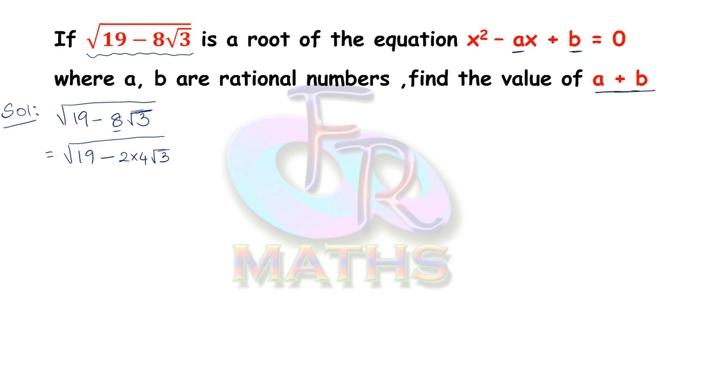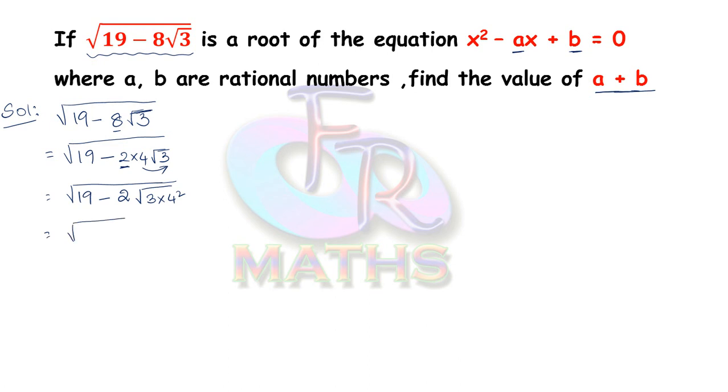You know that a plus b whole square or a minus b whole square gives you plus 2ab or minus 2ab, so that's why I am writing this 2 here. This 2 will be as it is. Now this 4, when I take it inside the square root, becomes a square, so I can write it as square root of 3 times 4 square.